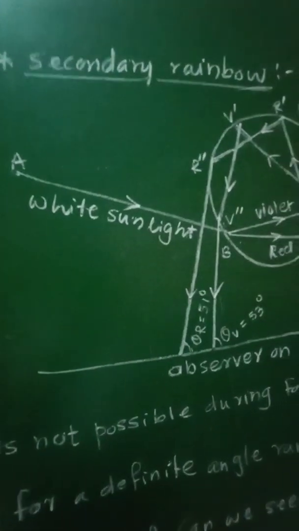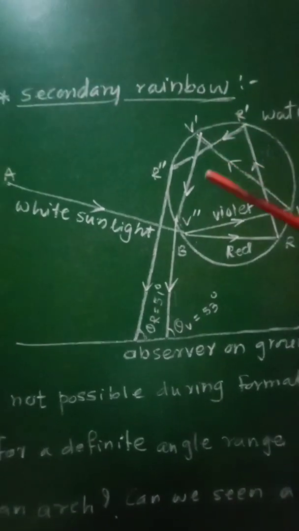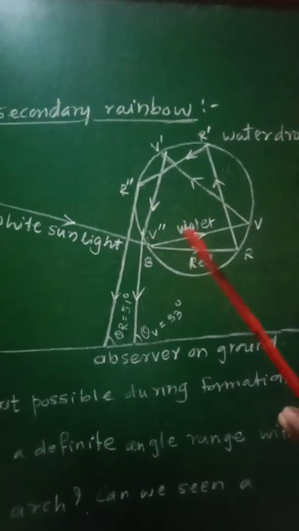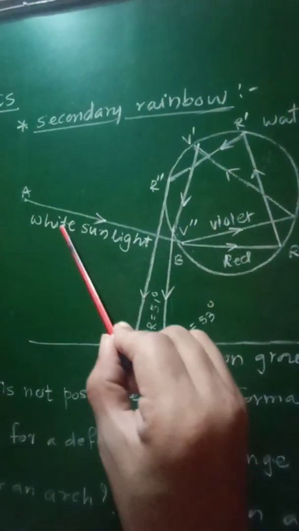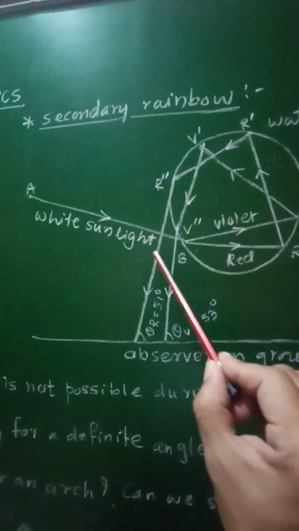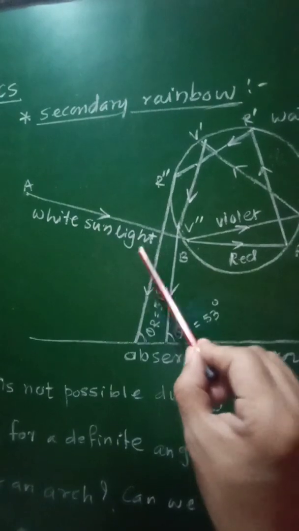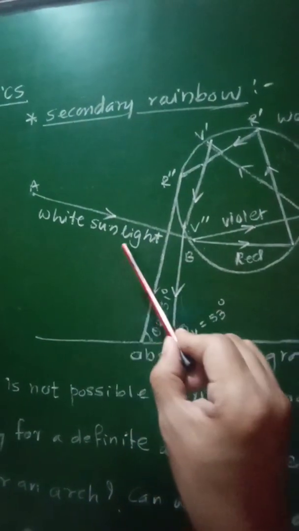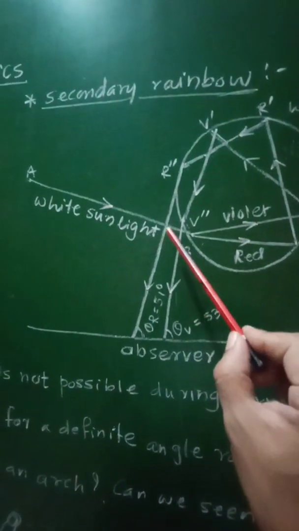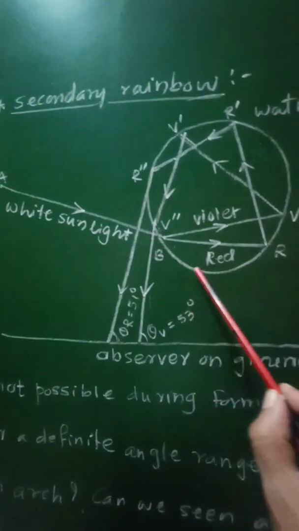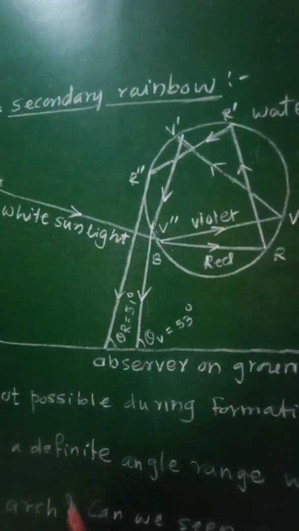Now let us go for the secondary rainbow. In order to explain the formation of the secondary rainbow, let us consider AB as the white ray of light coming from the sun, that is white sunlight, which is now incident on the lower portion of this water drop.